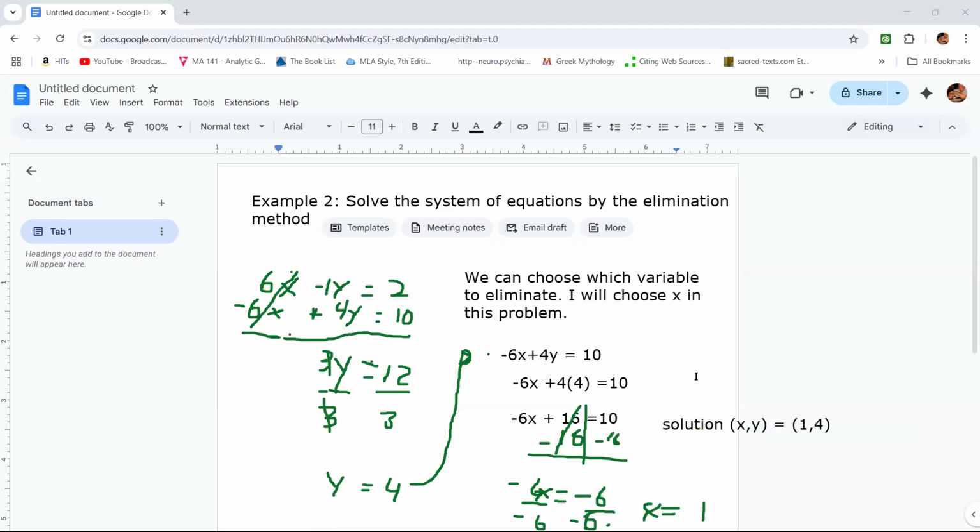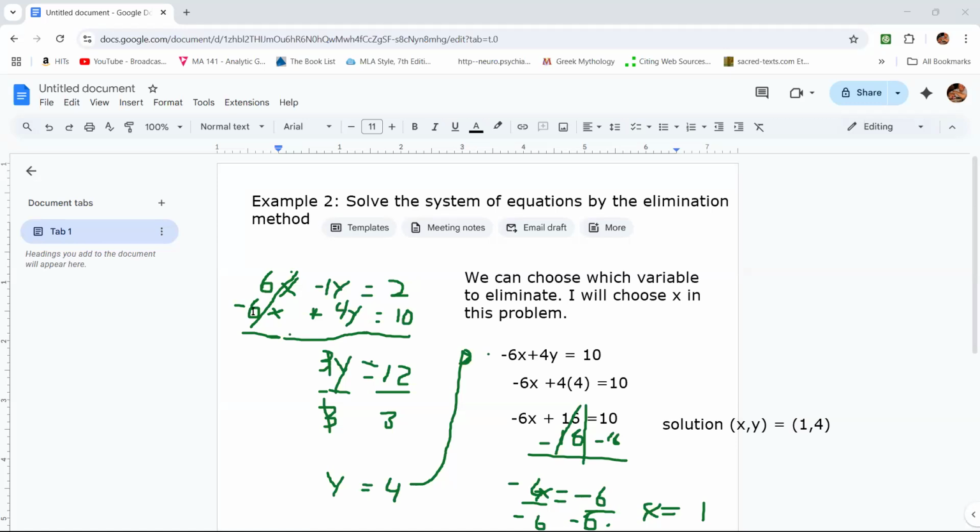So what have we talked about so far? We've talked about what elimination actually is. It means we're combining the equations together to get rid of one of the variables. We've talked about coefficients, which have to be opposite in sign, one positive, one negative.